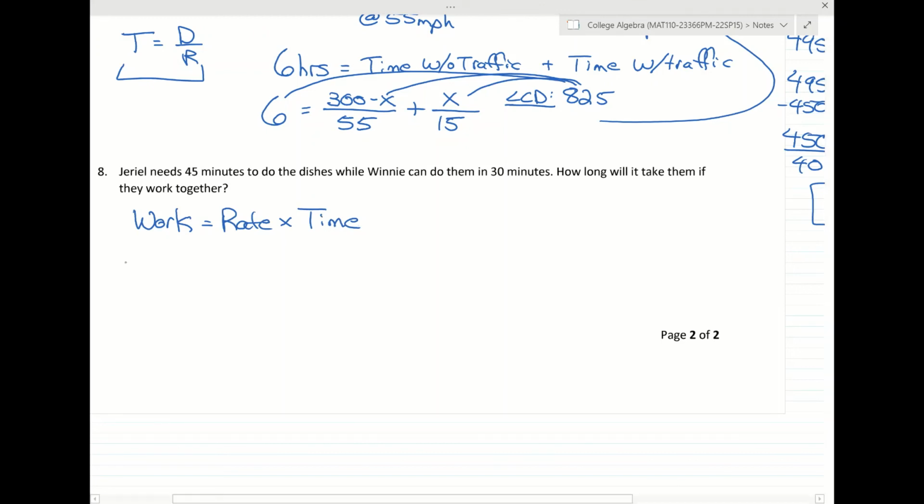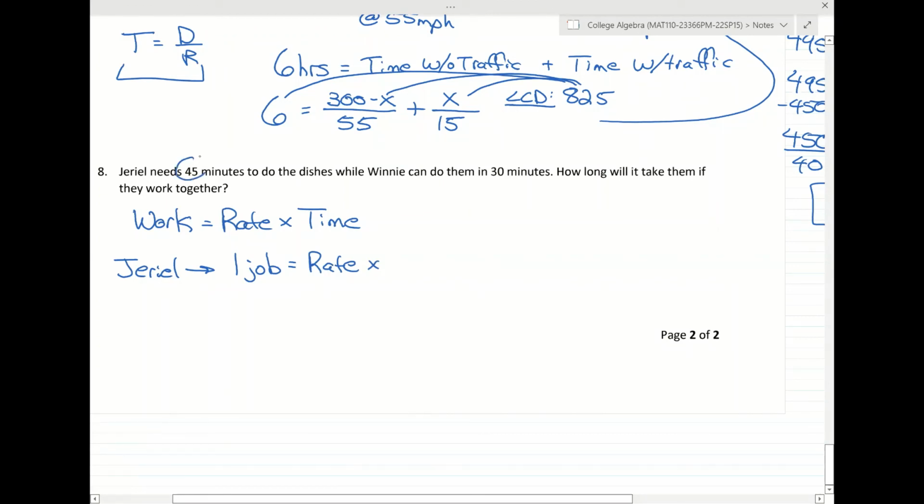So for Jerry L, the way we set it up is one job is equal to his rate times time.